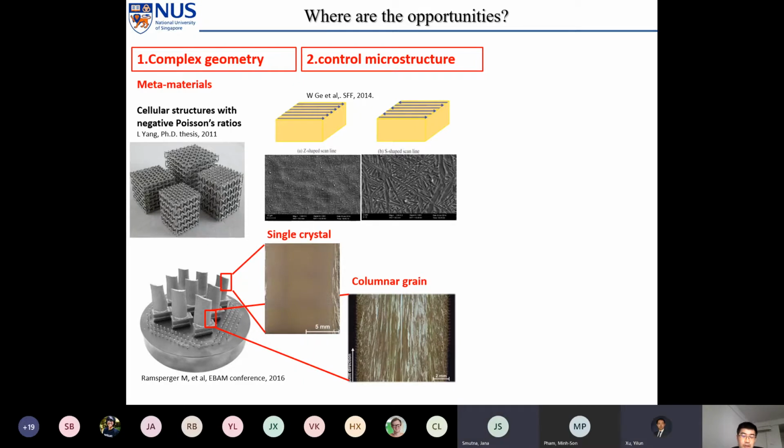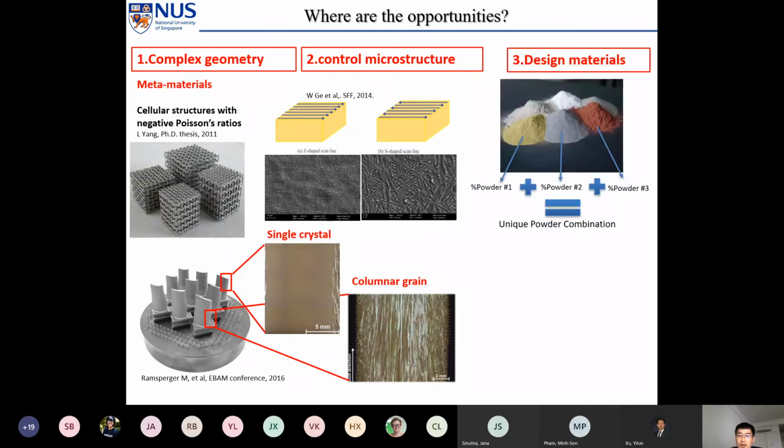We can control the grain to be columnar grain or even single crystal. This single crystal additive manufacturing is, I think, a pretty nice result, actually from Professor Körner's group in Germany. And the third one is we can design new materials.